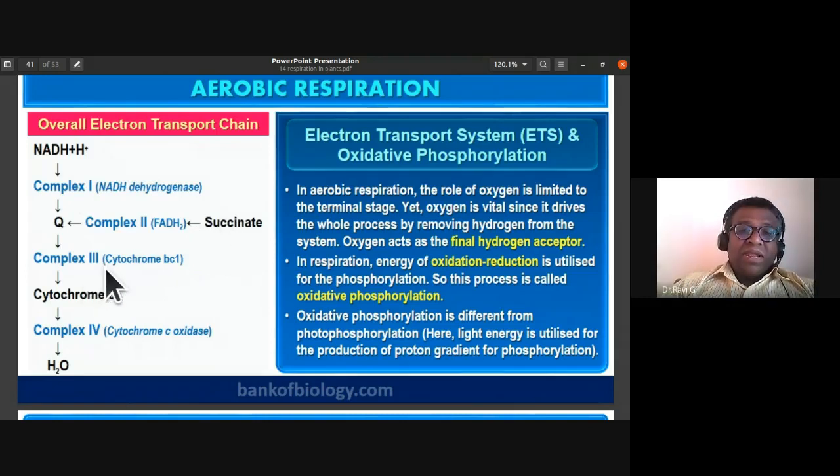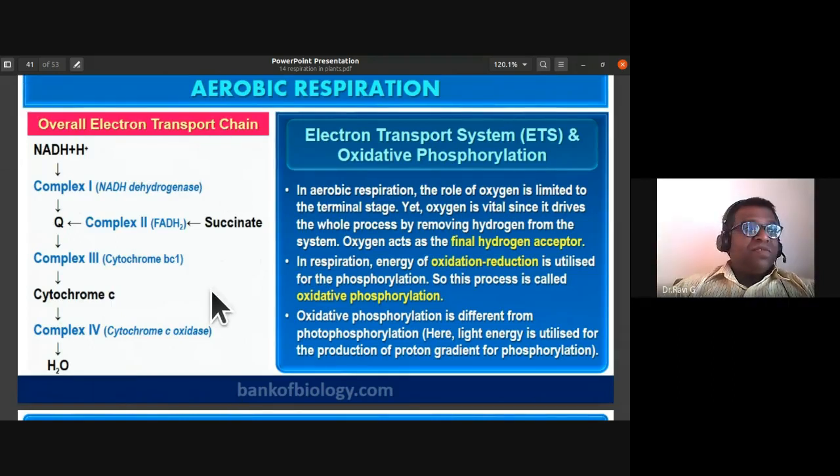In complex 3, the cytochrome BC1, cytochrome C carries the electrons to complex 4, cytochrome C oxidase, and finally they are carried to water. So this is the overall electron transport chain.